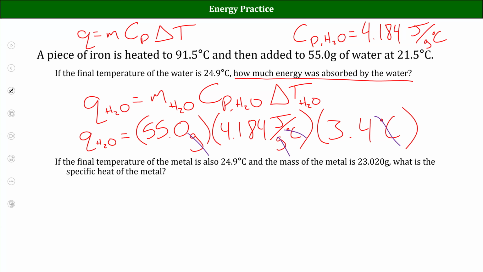So what do we get for our final answer here? 7.8 times 10 to the 7. We needed scientific notation because we only get to keep 2 sig figs after that subtraction. So that's Q for the water.